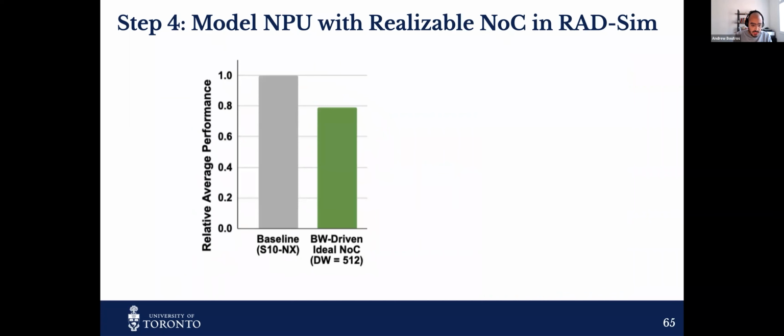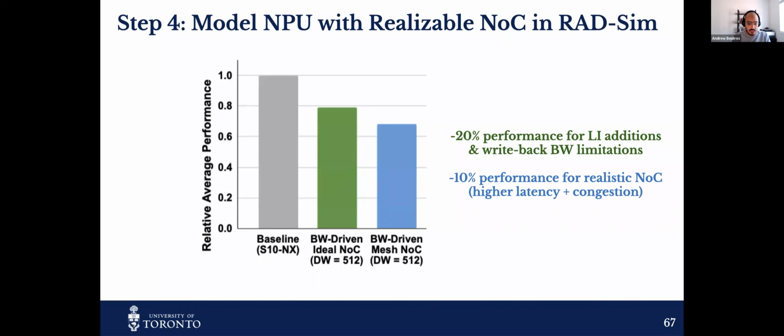So again, showing the baseline on the SystemX FPGA, the best we could get was bandwidth-driven design using an ideal NoC. And at this point, it was about 20% less performance. And this is the effect of having the latency insensitivity and some write-back bandwidth limitations.